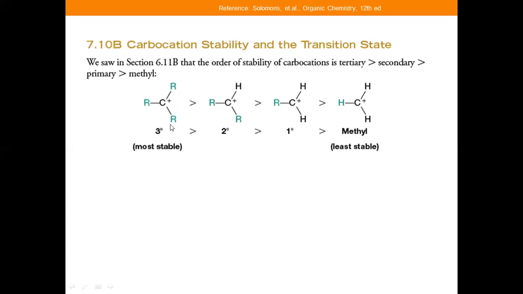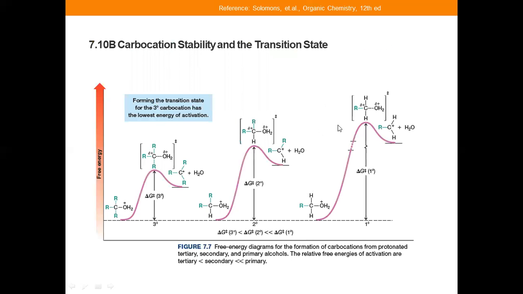Of course, we've learned that a 3 degree carbocation is much more stable than a 2 degree carbocation, than a 1 degree, for a methyl group. So you notice that for a 3 degree carbocation transition state, the free energy is much lower than a second degree or a first degree, and therefore it is much more stable compared to the other two.